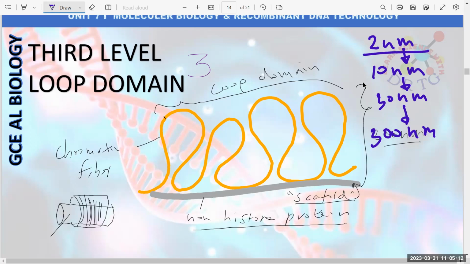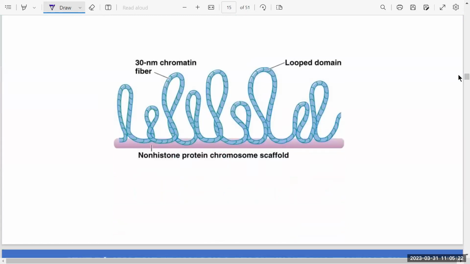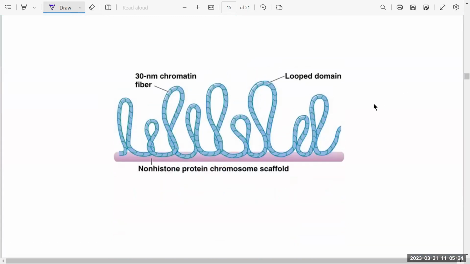2 nanometer, 10 nanometer, 30 nanometer, 300 nanometer. So here is again a picture taken to show the 30 nanometer chromatin fiber. This is a loop domain and non-histone protein, the chromosome scaffold.